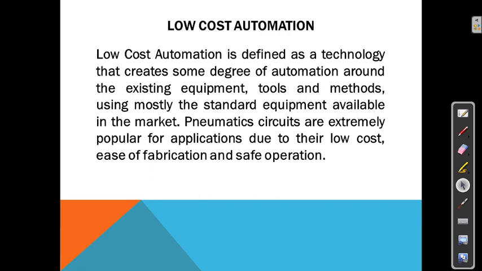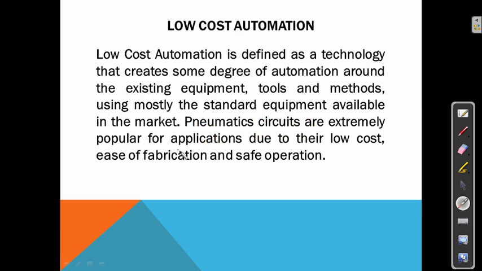Then pneumatic circuits are extremely popular for applications due to their low cost. See, as I said before, because in pneumatics we use air, compressed air, we can easily do that process when compared to hydraulics. So the circuits are extremely popular.